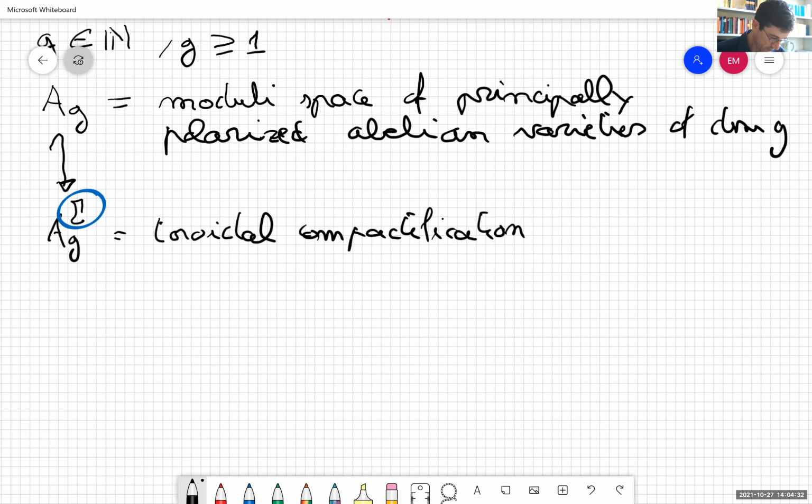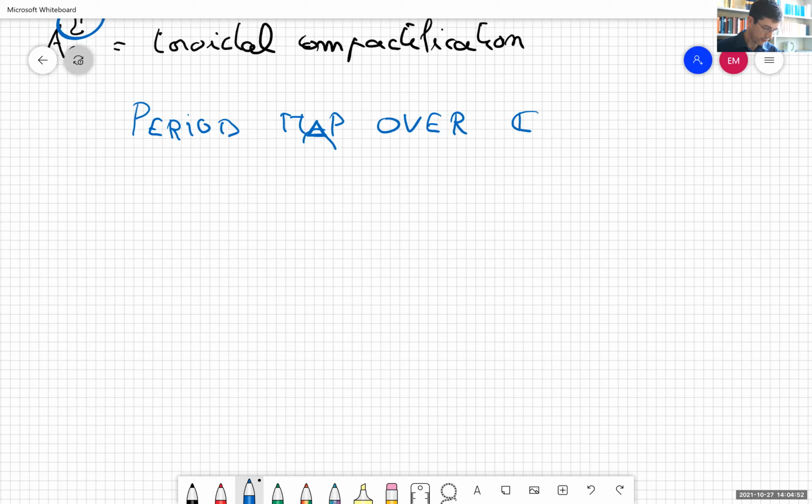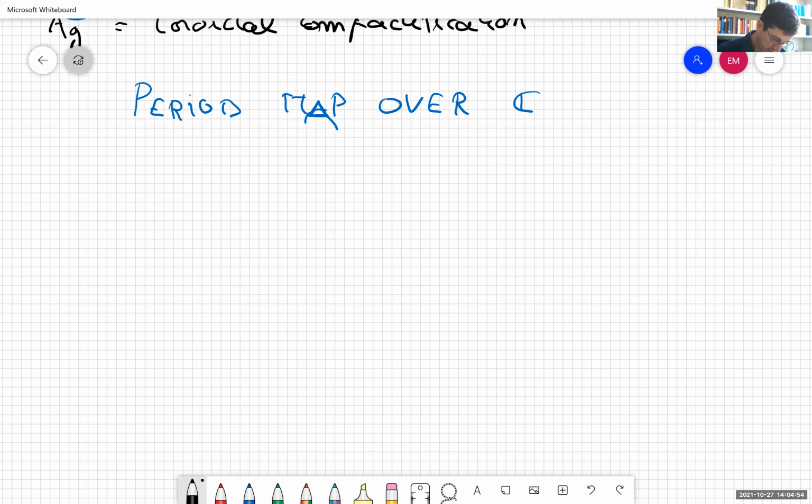And let me start with the period map over the complex numbers before we move to characteristic p. Okay, and let's see what we know there. Well, there we know things very well. So we know that our moduli space is uniformized by the Siegel upper half space.